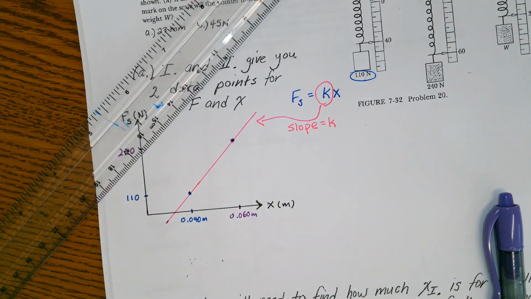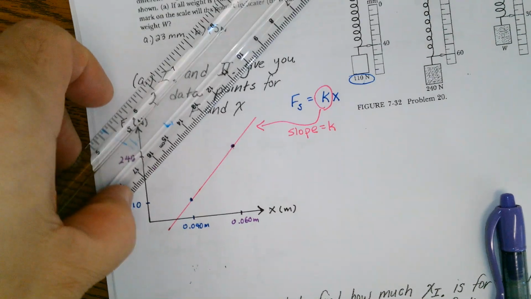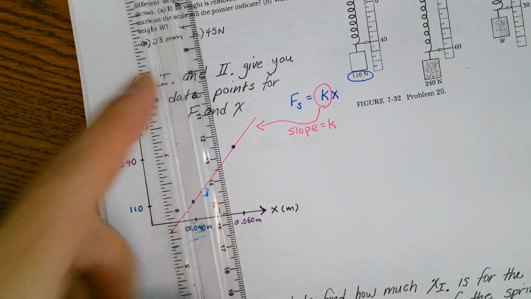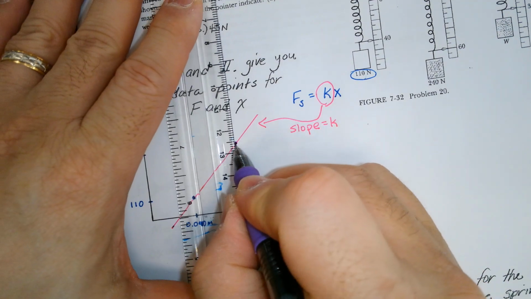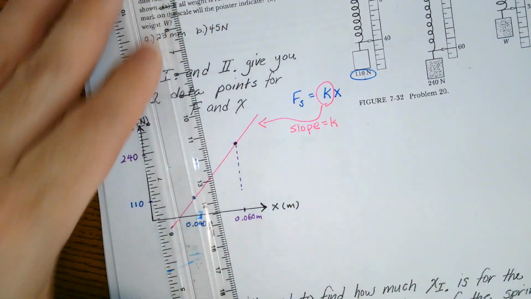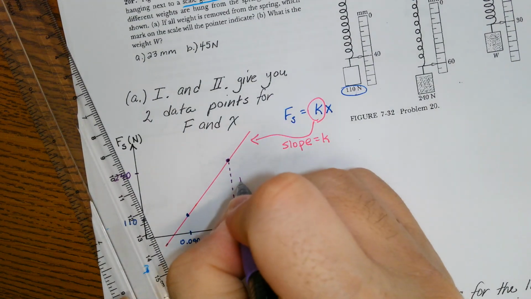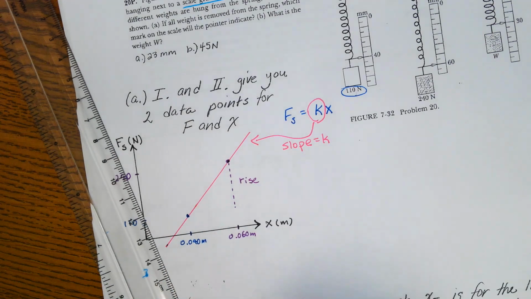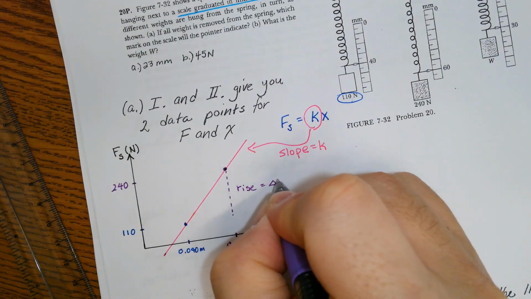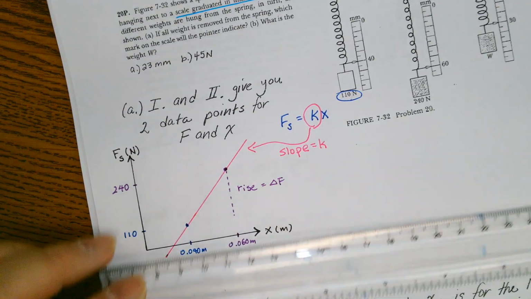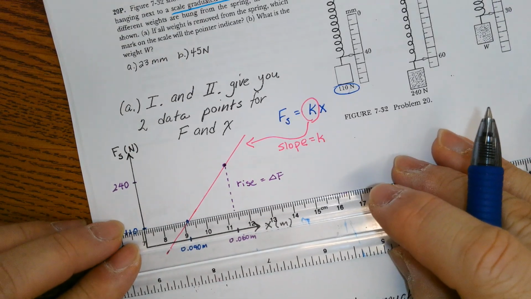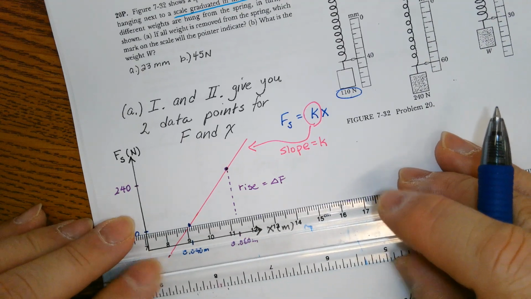Does that make sense? Here is my rise, which is delta F, and here's my run, which is delta X.